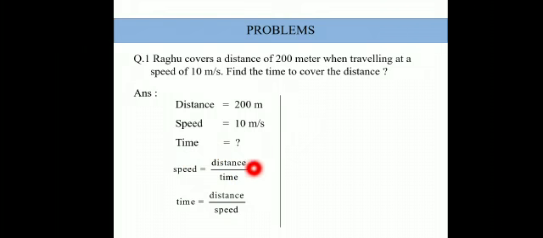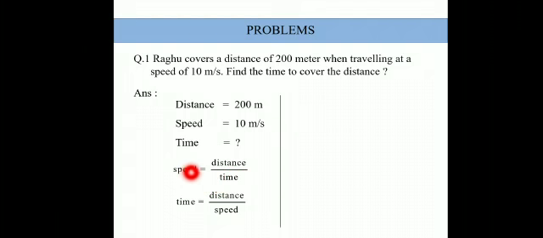So whatever has been asked in the question, depending on that, our formula will change. Like here, the first formula that we have studied is speed is equal to distance upon time, but we have to find time. So now the formula changes like this. If we have to find out distance, the formula will become speed multiplied by time.